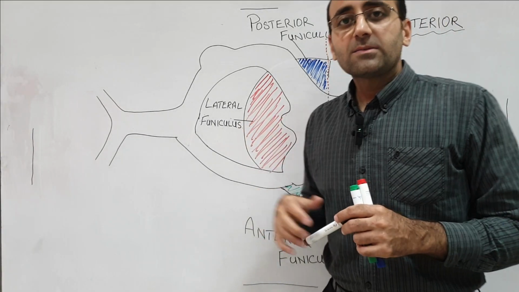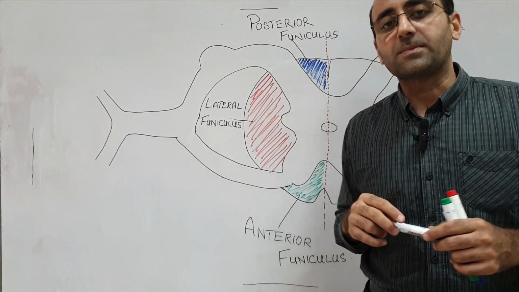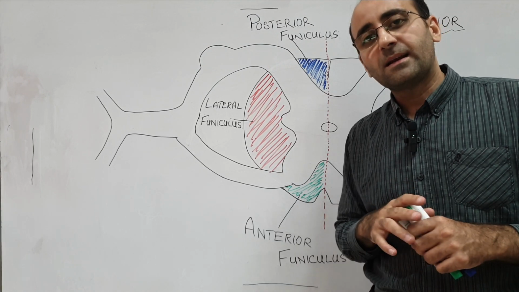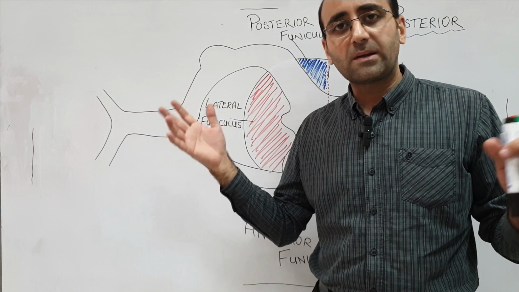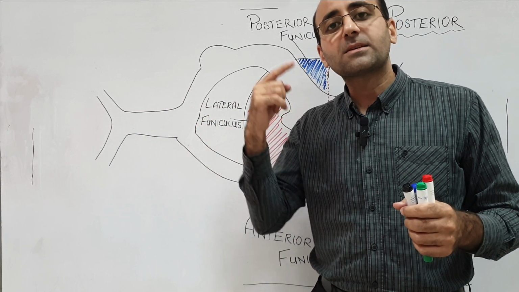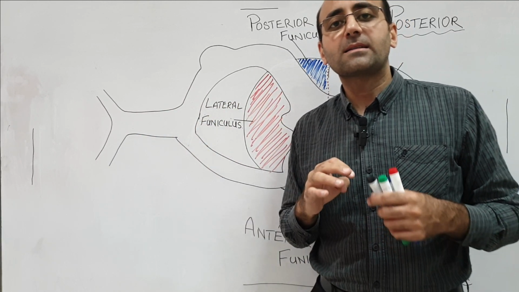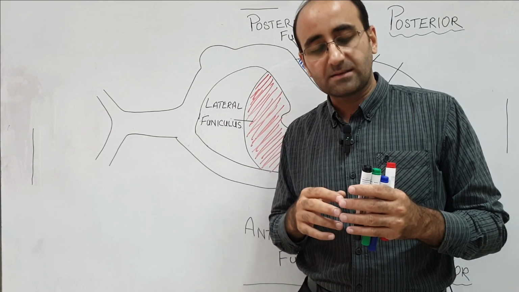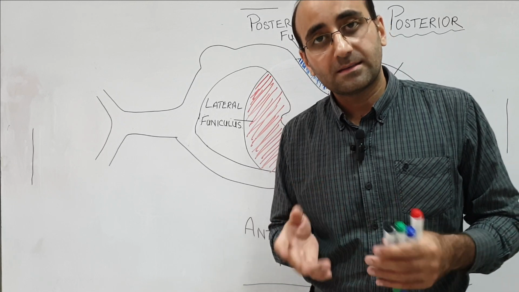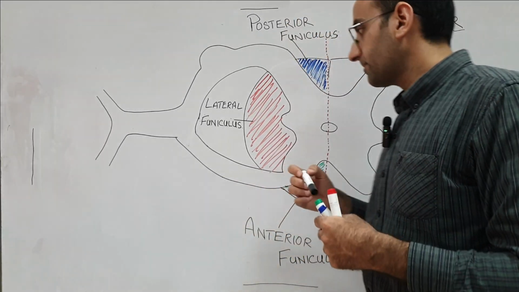Now the tracts in this white matter are of two types. Some are ascending and some are descending. By ascending tracts, I mean the tracts which carry information from the peripheries and from receptors and take it towards the brain. So these tracts are sensory tracts. So ascending tracts carry information towards the higher centers, that is the brain, and they are called ascending or sensory tracts.